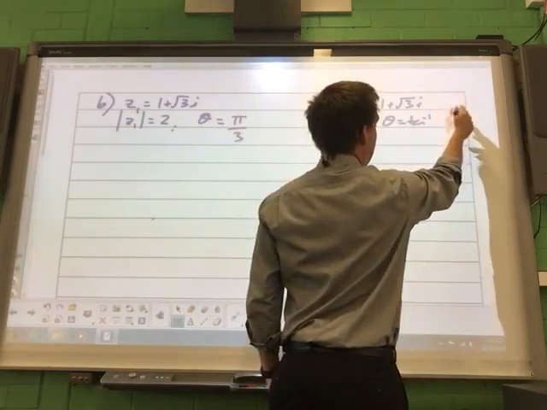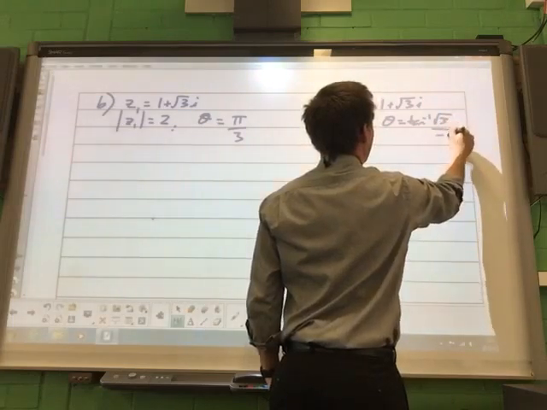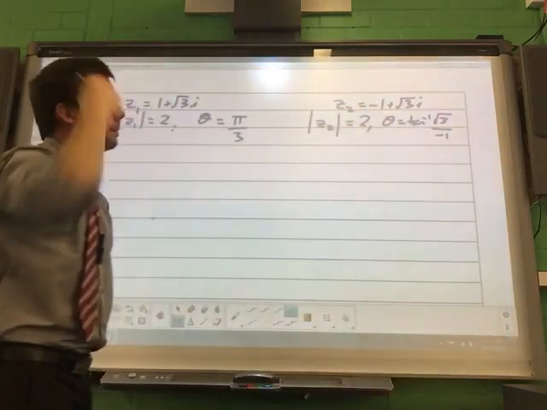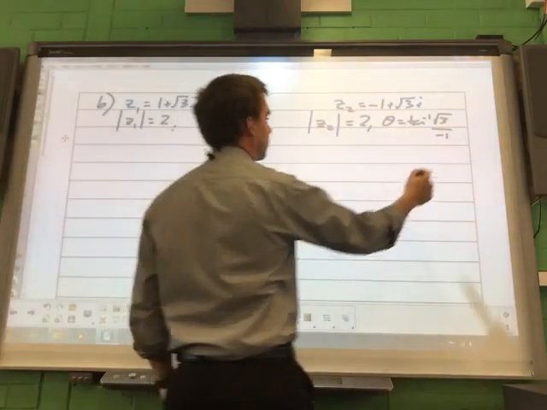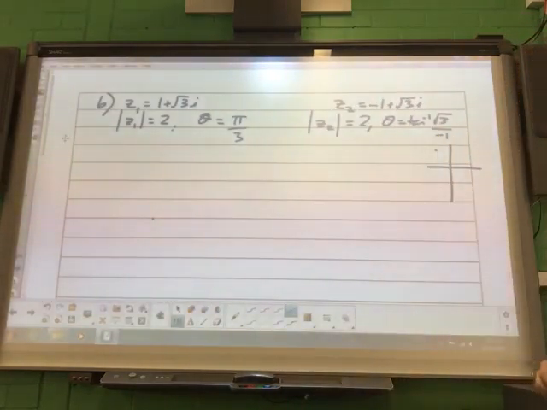And the argument, we've got negative signs, so we need to consider which quadrant because of the negative 1. Negative 1 plus root 3i, so we're in the second quadrant somewhere. What is tan inverse of root 3? Not negative, just the basic angle.